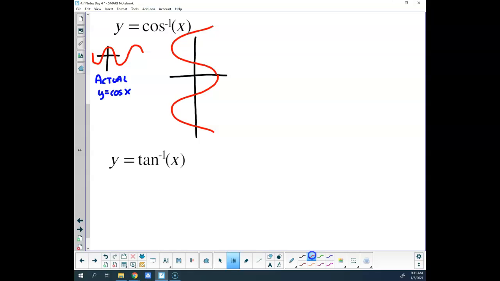But again, that doesn't make a function. So we restricted it.